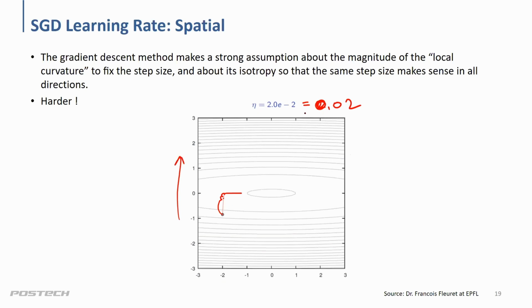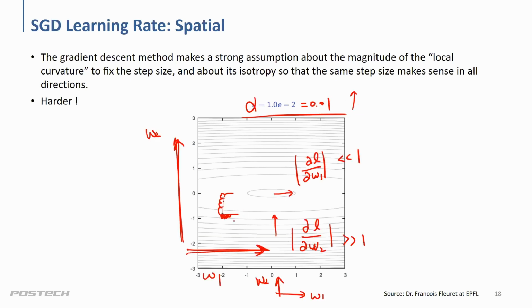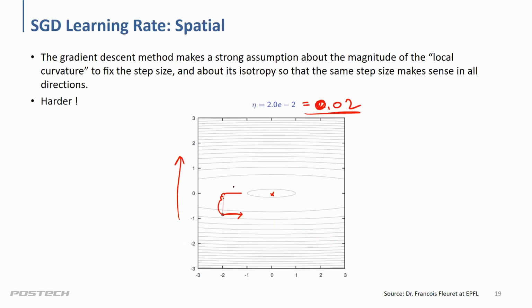But since we have a larger value, it goes further than in the previous one. Let's keep increasing it, to 0.04. In these directions it looks okay, but in this direction it starts overshooting. You see that?